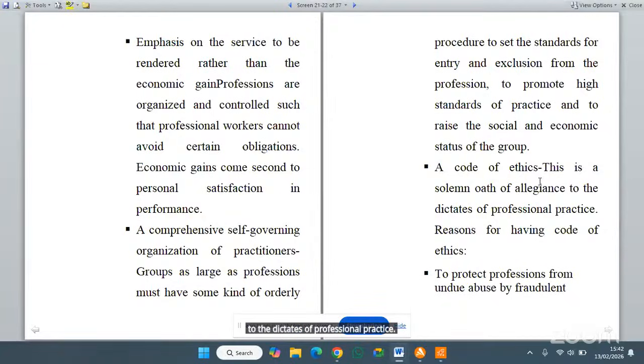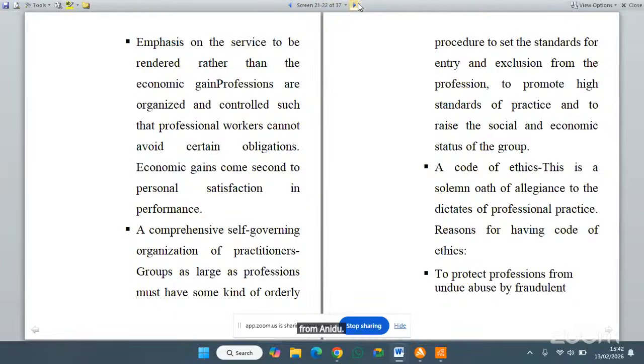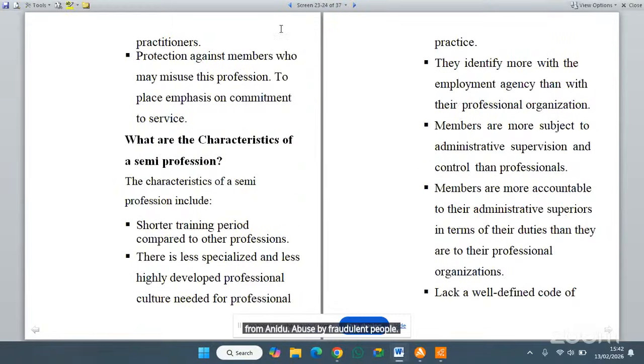There are two main reasons for having a code of ethics. One is to protect the profession from undue abuse by fraudulent people. There are people who become fraudsters and engage in this professional service.